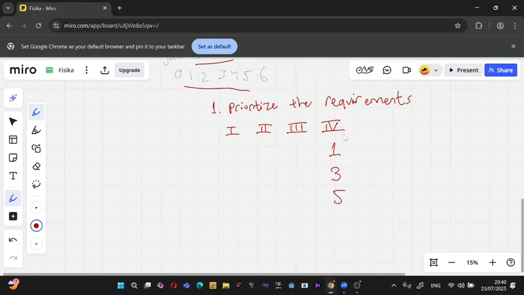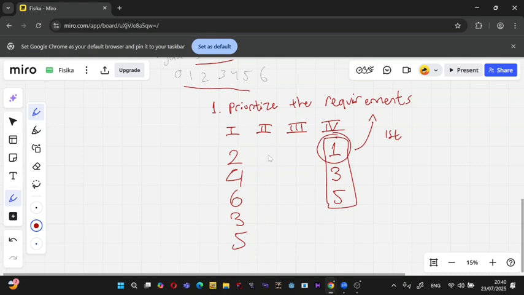Then you eliminate the 1. After eliminating the 1, you fill in the rest of the numbers, starting from the first digit but without the number 1, because it's already used in the fourth slot. Then you write 2, 4, 6, 3, 5.